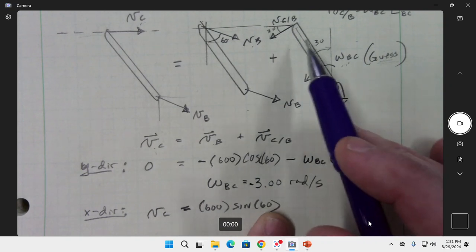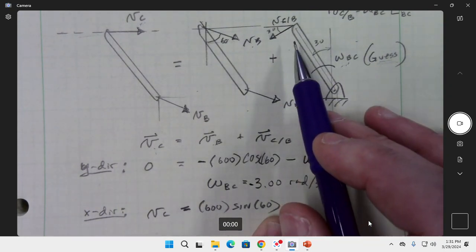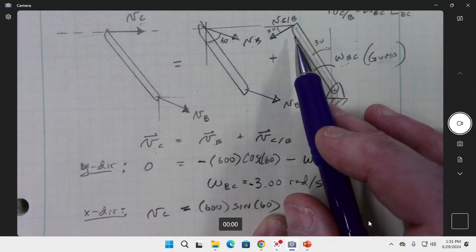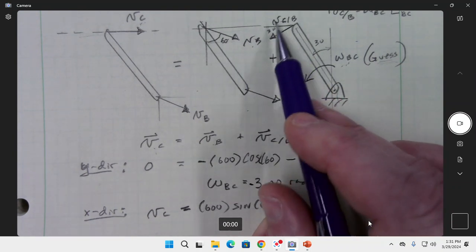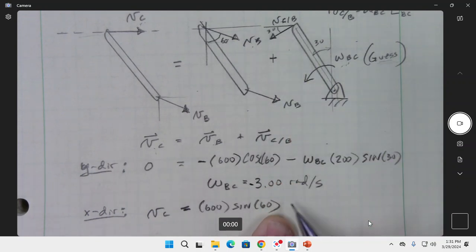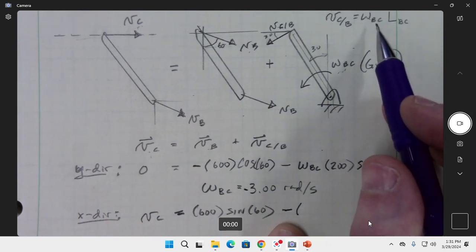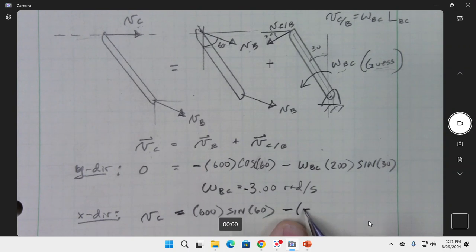And then lastly on here, now here's a little particular thing. I think it's going to help me to start out by using the sign of what this is on the diagram. So it's minus, and then I'm going to replace it with the omega BC, which is minus.